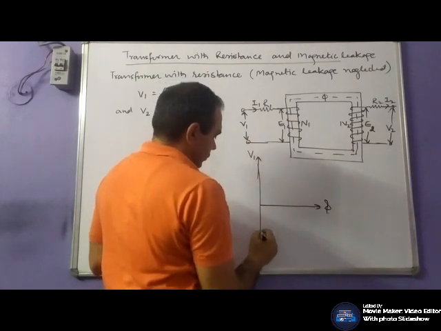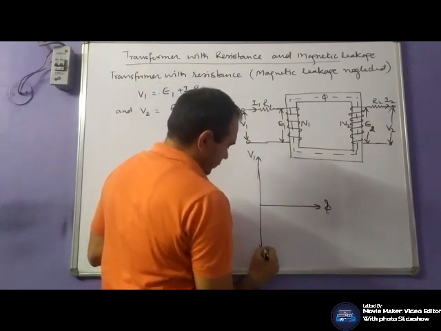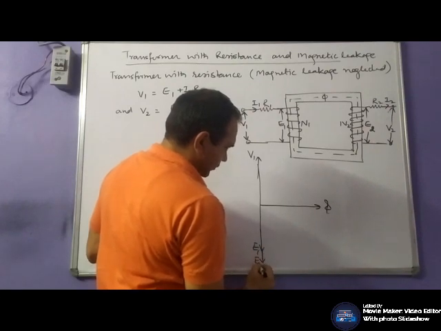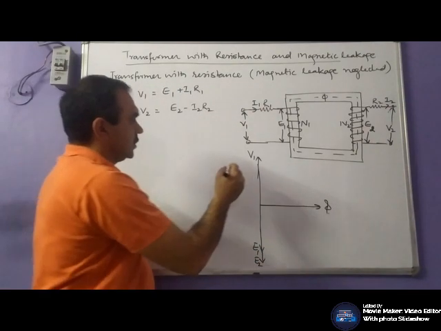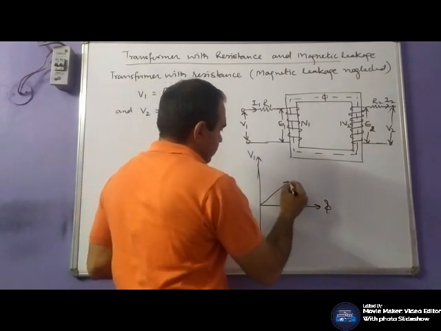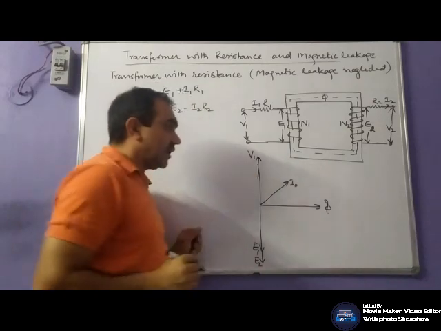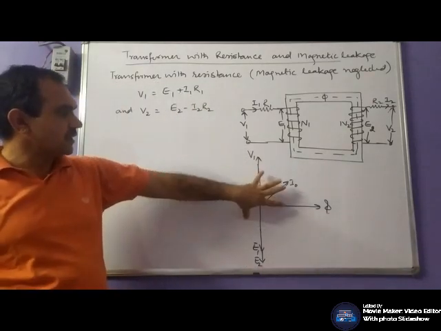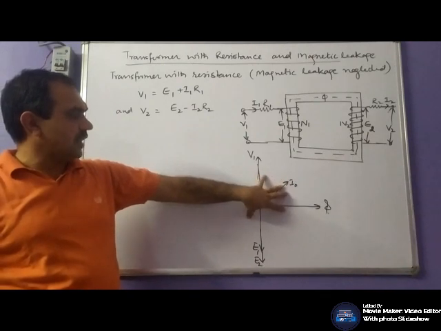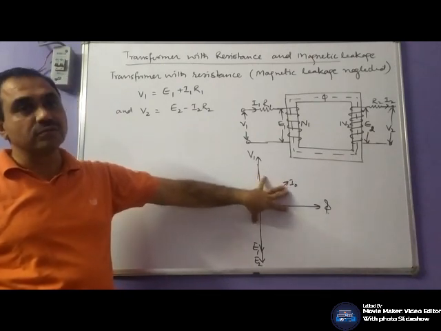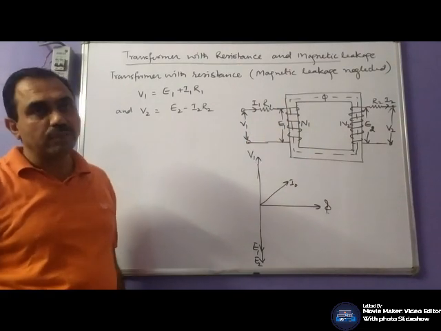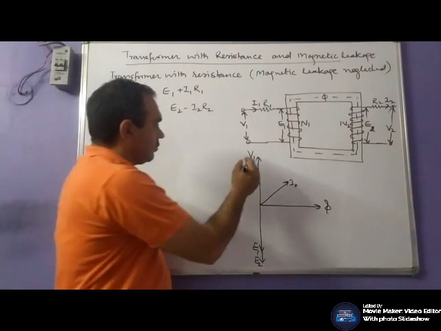Phasor diagram for no load: E1, E2, and this one is V1, this one is I0. Here we have considered the transformer neglecting the losses, either iron loss or copper loss.